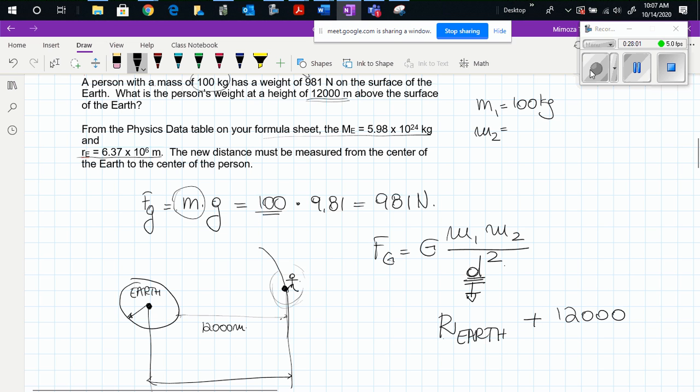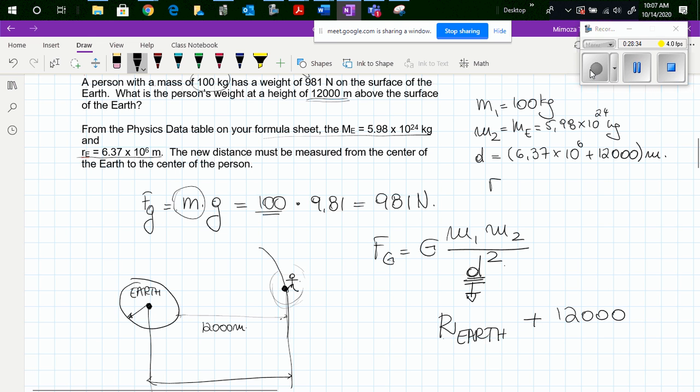Mass 2, the mass of the Earth, is 5.89 times 10 to the power of 24 kilograms. The distance between the center of the Earth and the person standing 12,000 meters apart will be 6.37 times 10 to the power of 6 plus 12,000 meters.